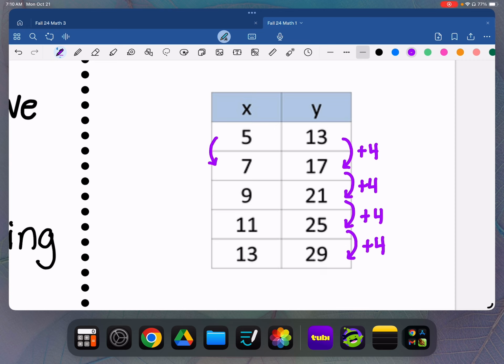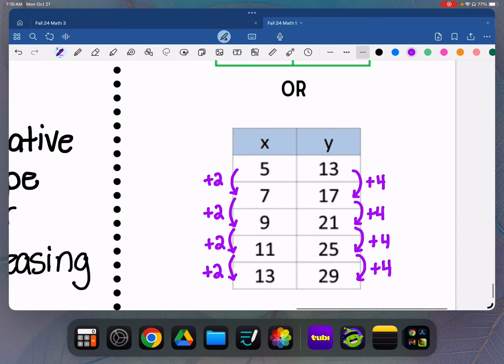Then my x's are +2, +2, +2, and +2, so these are both constant changes. If we ask you what the slope is for this table, it's the change in y over the change in x. The change in y is 4 divided by the change in x, which is 2, so that simplifies to 2.